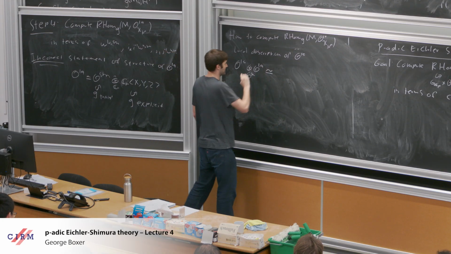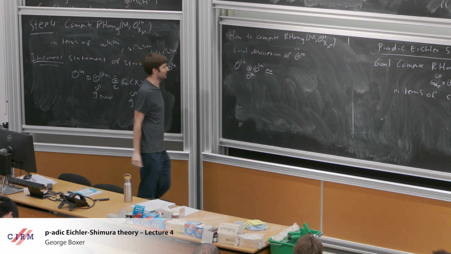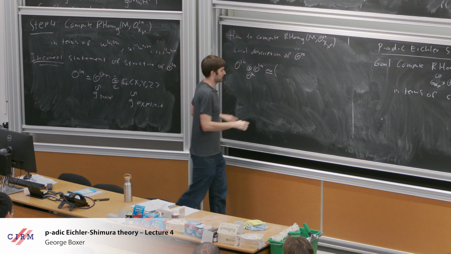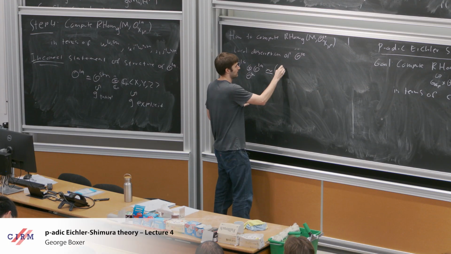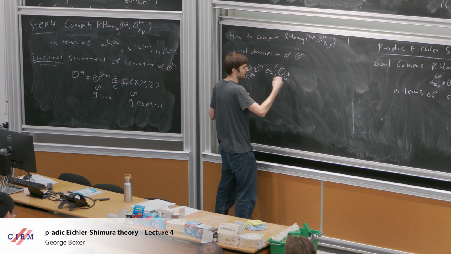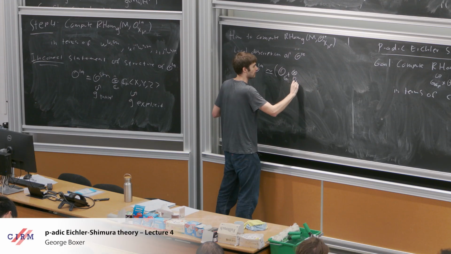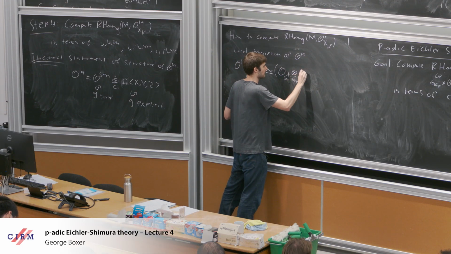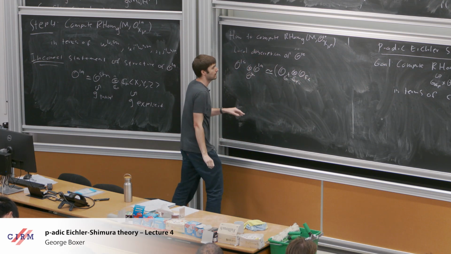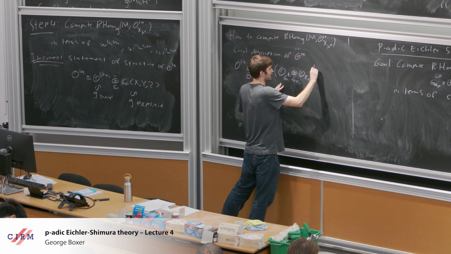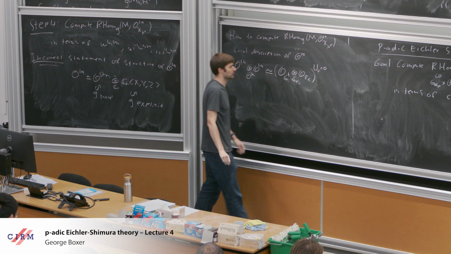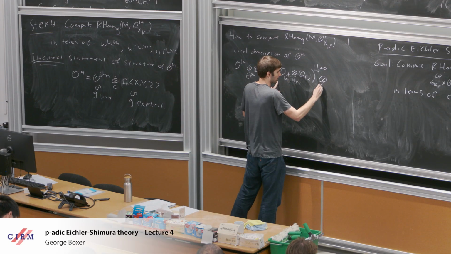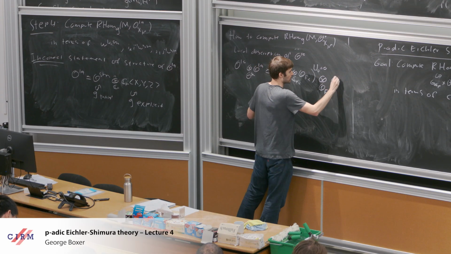This is isomorphic via a map, which I'm not going to remind you of, to this sheaf on the flag variety, tensored with OFL. Then you take U0 equals 0. This is still a sheaf on the flag variety, so you tensor it over OFL with OLA.